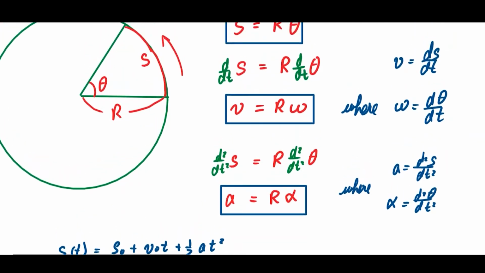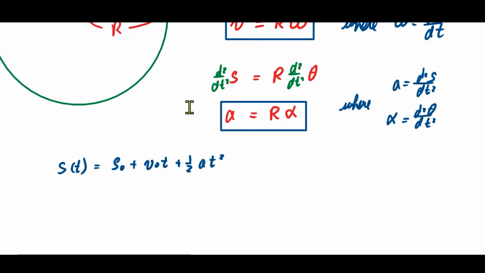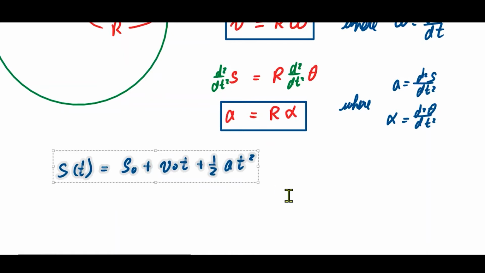Well, S up here is R theta, isn't it? So let's plug in. Let's make this thing a little bit bigger. I go really tiny. So this is equal to R theta as a function of t.